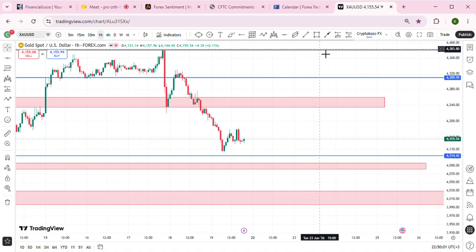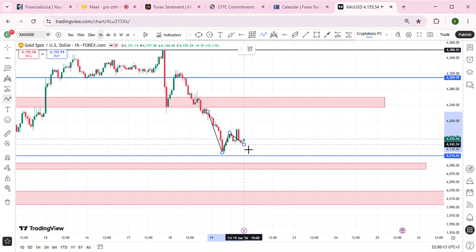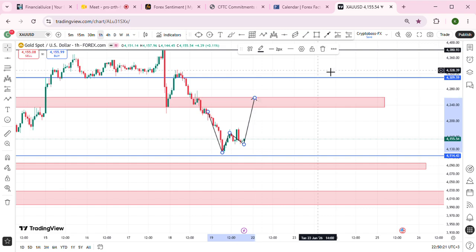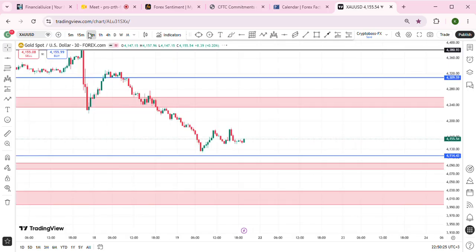Now, when we come to 1 hour, you can see that the market is forming this kind of W formation or pattern, which is what we call a double bottom pattern. Let's watch this out. I don't know whether 30 minutes has something making sense.